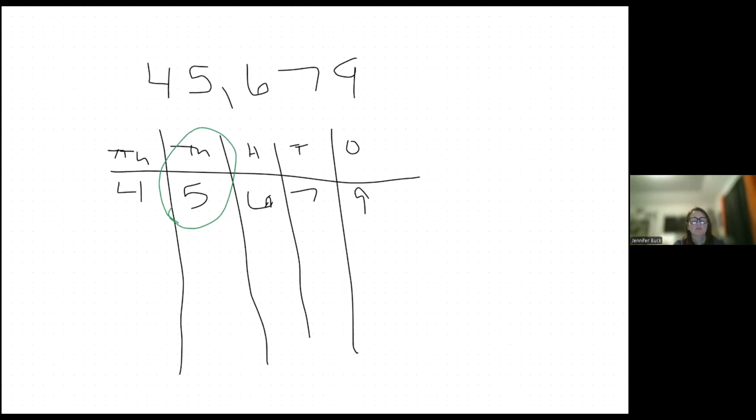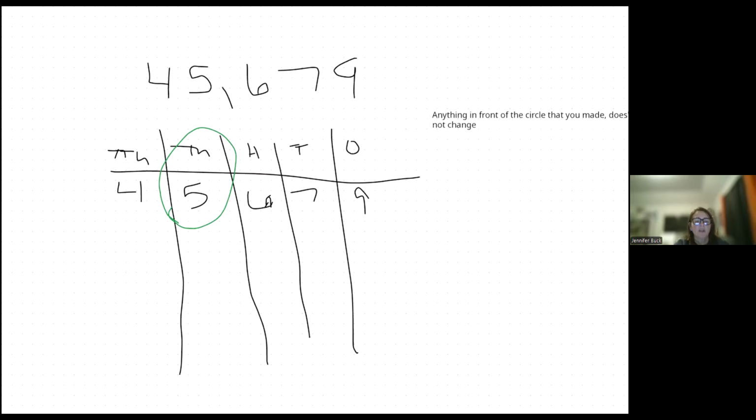First rule, anything in front of the circle that you made does not change, okay? So what does not change? What's in front of this circle is the 4.